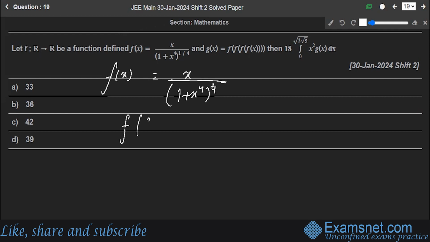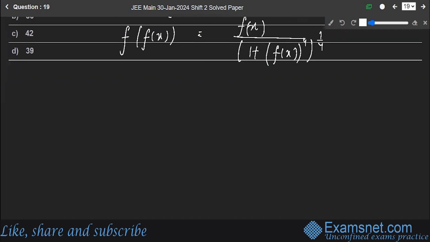What will be f of f of x? This will be given by x upon (1 plus f(x) to the power 4) to the power 1 by 4.